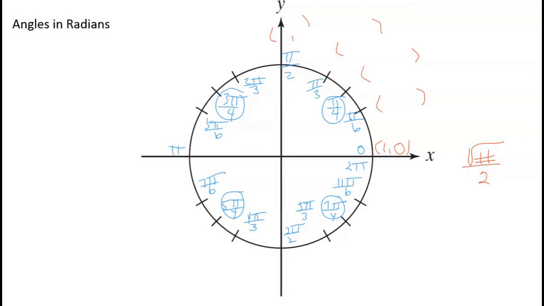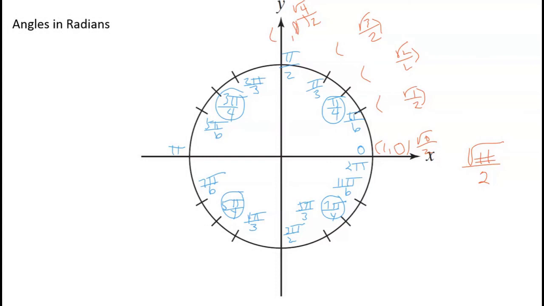What do I mean by that? This would be the square root of 0 over 2. This is the square root of 1 over 2. Now y'all know the square root of 1 is just 1, so that's really 1 over 2. This is the square root of 2 over 2. This is the square root of 3 over 2. This one is even the square root of 4 over 2. Now what's the square root of 4? It's 2. 2 over 2 gives you 1.